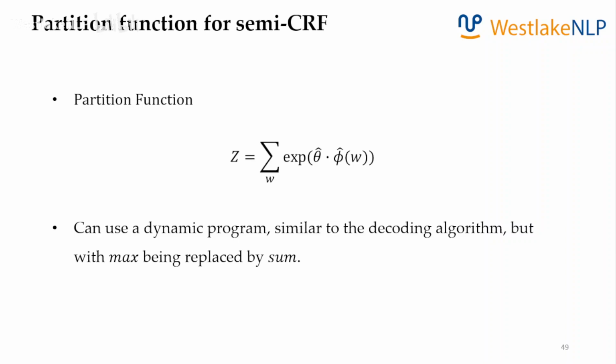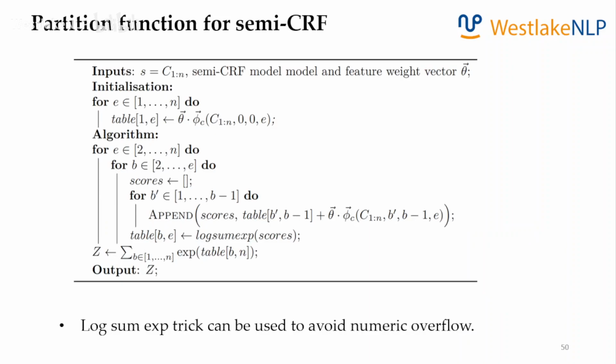The partition function Z is just like this. The sum of all possible W prime, right? E to the power of theta phi, okay? So this can be directly calculated using a dynamic program, which is shown in the next slide. Okay, so the next slide still draws a dynamic program table.